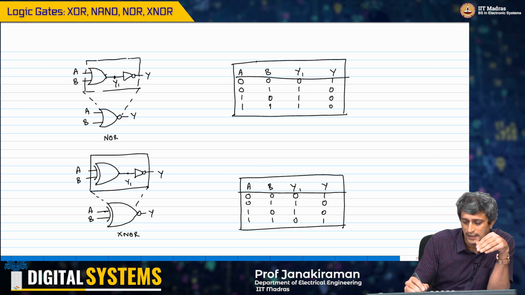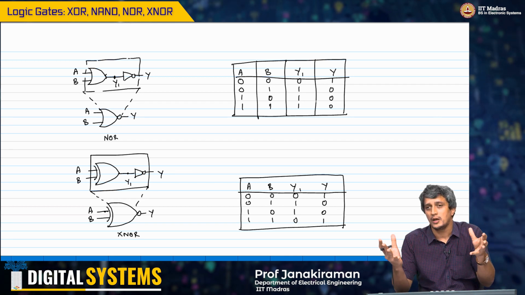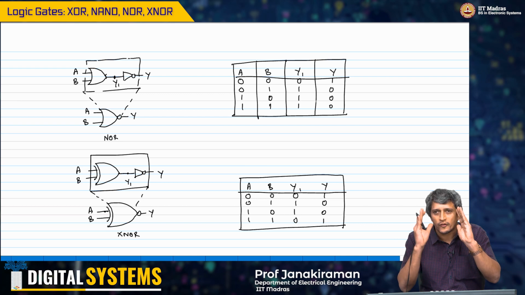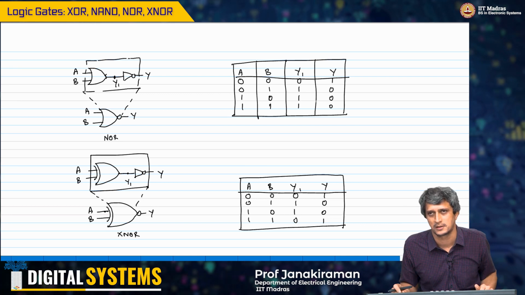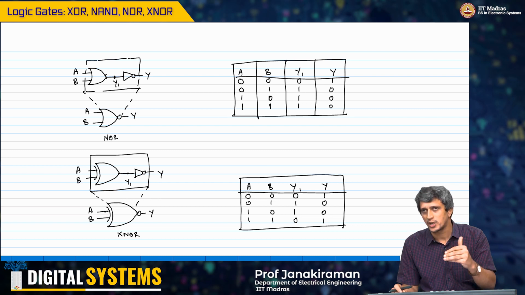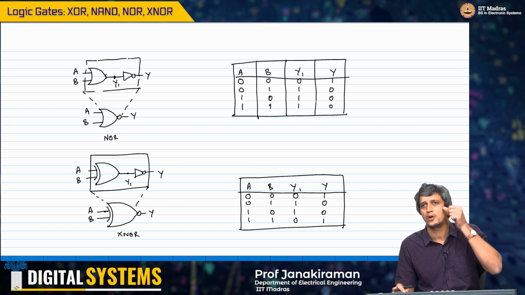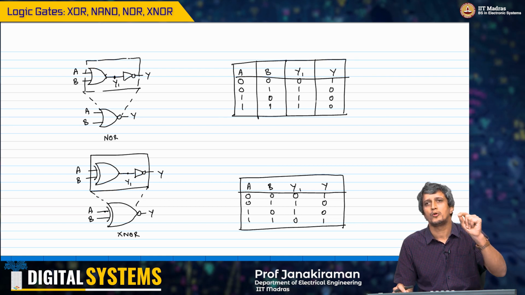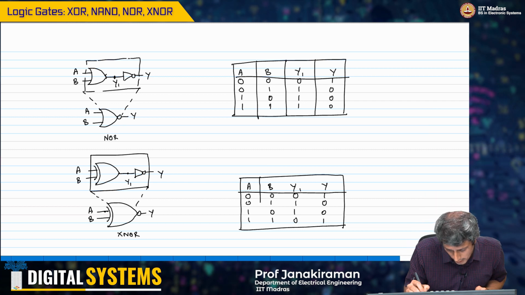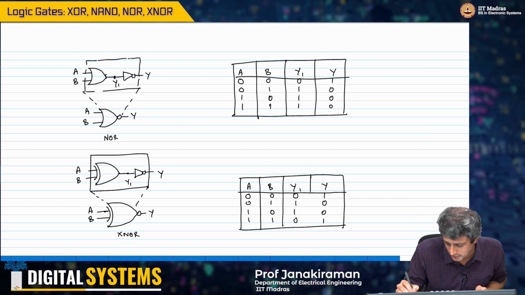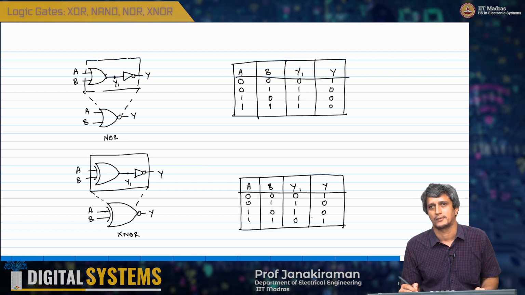In that case, you cannot represent the description of a circuit by just a truth table. You need something else. Because if I have 1000 inputs, then I need 2 power 1000 states in order to define the output for every combination, and that's simply not practical, and therefore we will be looking at alternate representations going forward as well. See you in the next lecture.